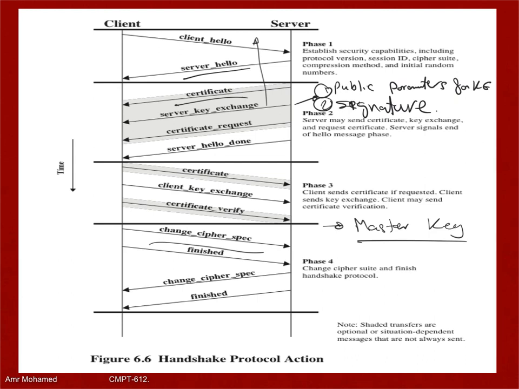Why? Because the server will hash this value and encrypt it using its own private key, which can be decrypted by the client, so that the client verifies that the one who sent all these messages is in fact the server, and there is no truncation attack or impersonation attack that happened in the middle of this.